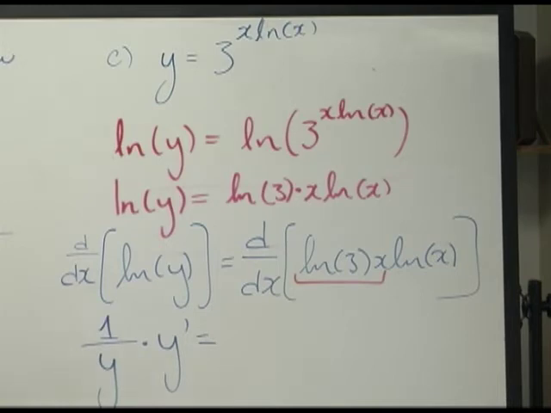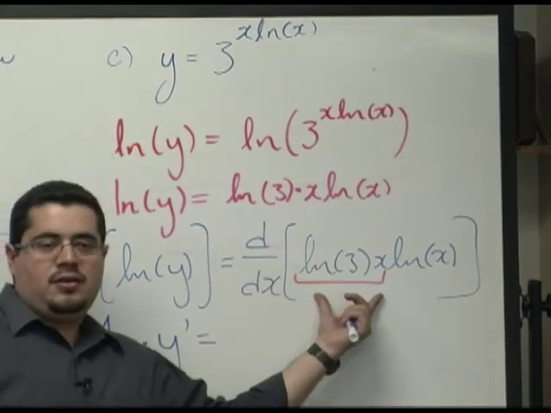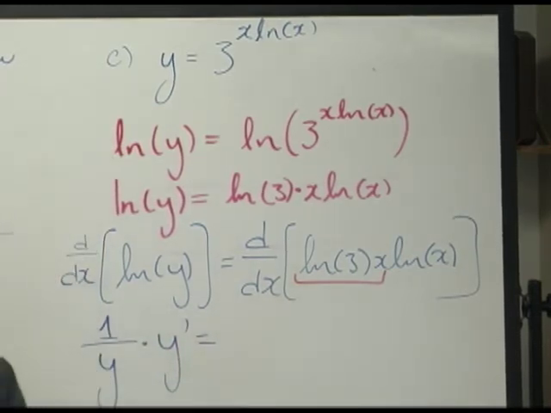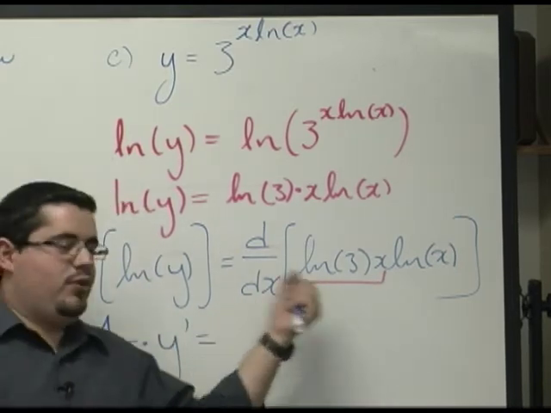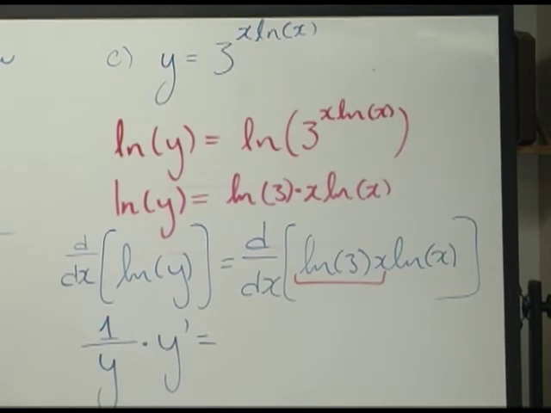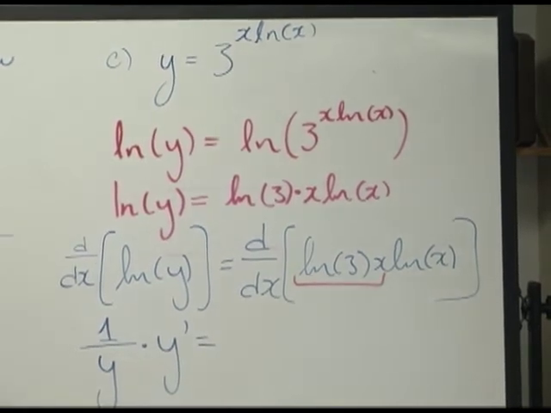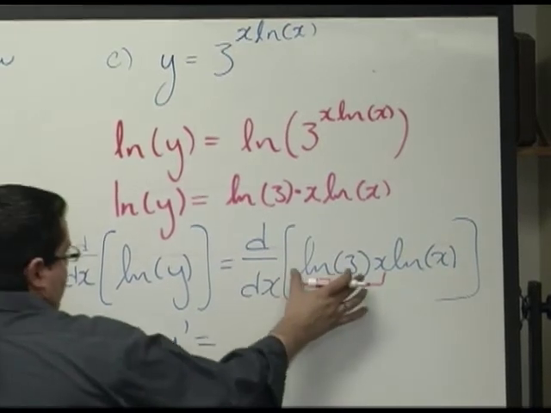So what is the derivative of the natural log of 3 times x? 1 over x. Careful, the x is outside the natural log. And the natural log of 3 is just a constant. It's going to be the natural log of 3, right? Because remember, this is just a number.